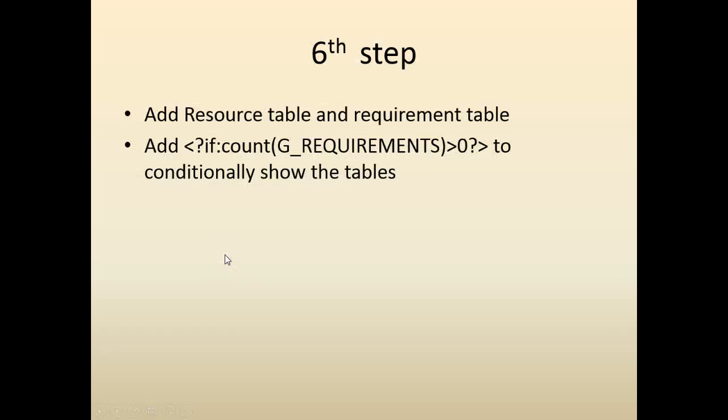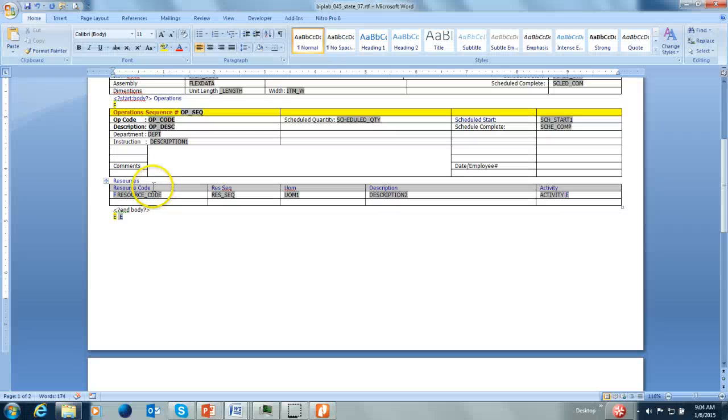In the sixth step, we are going to add the resource table and requirements table. We're going to conditionally show and display the resource requirements table. We are going to use if count requirements is greater than 0 to conditionally do that. So first we will create the table for resources.